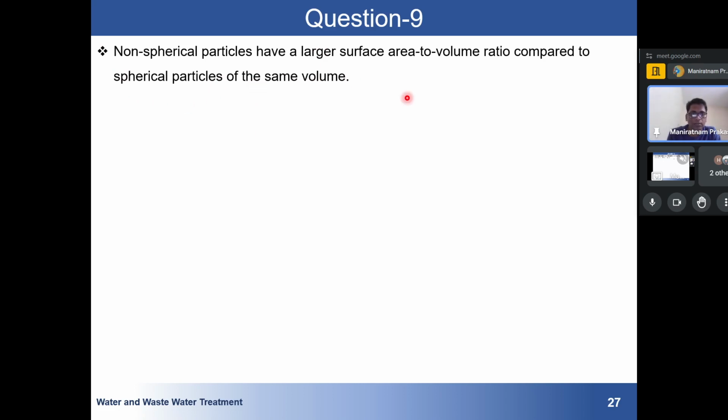The reason to choose a spherical shape is that it will help in our calculation of settling velocity. We assume that every particle is spherical in shape, because if we start trying to formulate a formula for every kind of particle, then it will be very difficult to analyze our system.